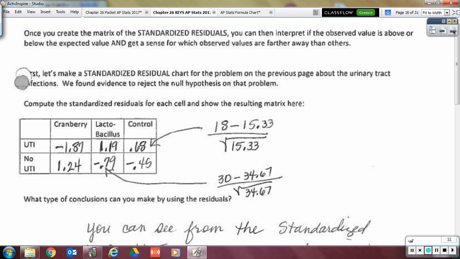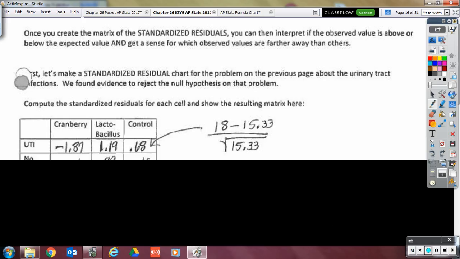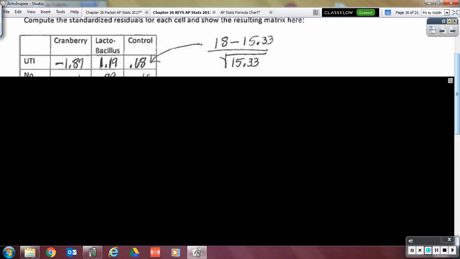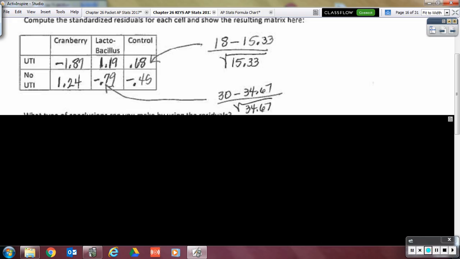So here comes that. Take a look right here. There are the computed standardized residuals for you, already done. After you write those in, we want to interpret what is going on. You'll notice some of them are negative, some of them are positive.